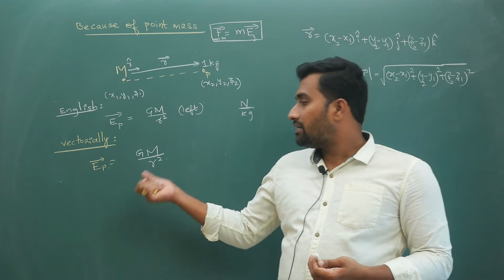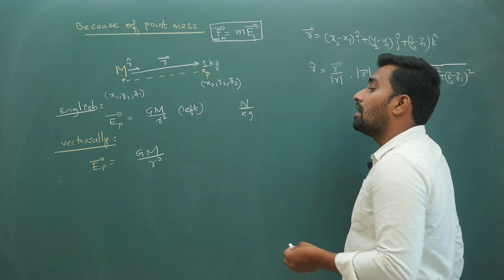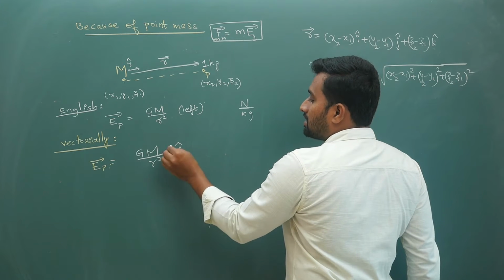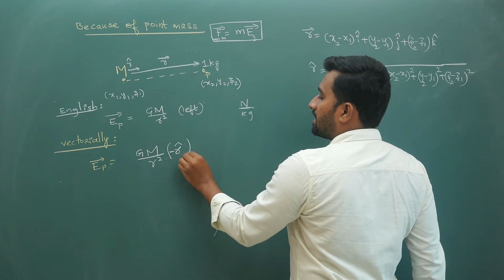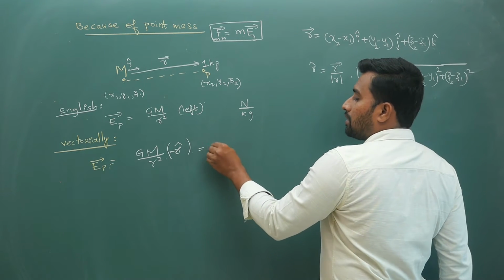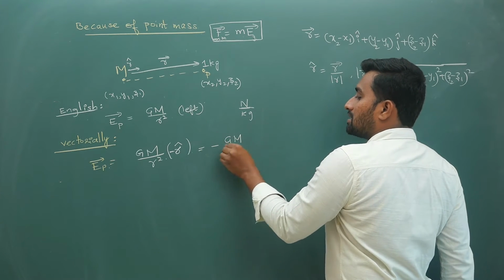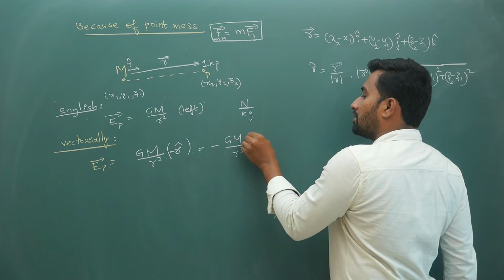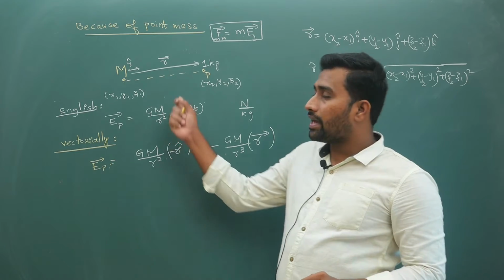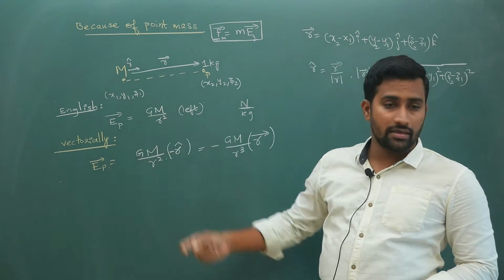So your gravitational field is GM by r square times minus r cap, because it is attraction. It is GM by r square into r cap, or you can write it as minus GM by r cube into r bar, where r bar vector's tail is at this point.